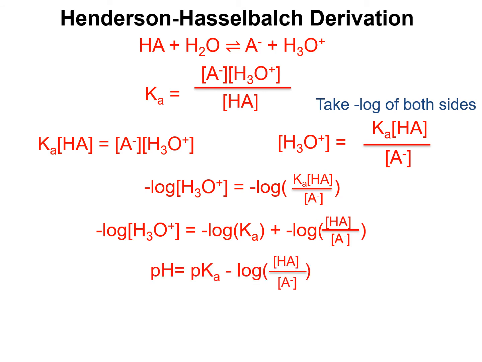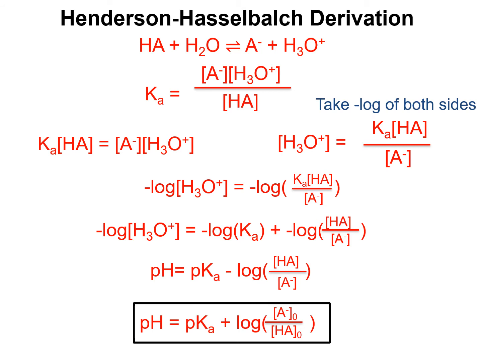The negative log of hydronium is equal to pH. The negative log of Ka is going to be equal to the pKa. And this form, while mathematically correct, we actually end up switching my terms in the log. The reason for this is that sometimes this negative log value is going to be negative, and so that way you never have to get confused about subtracting a negative and what that does.